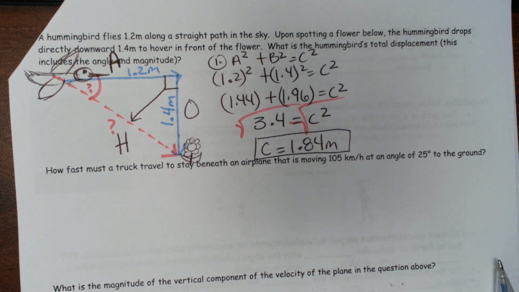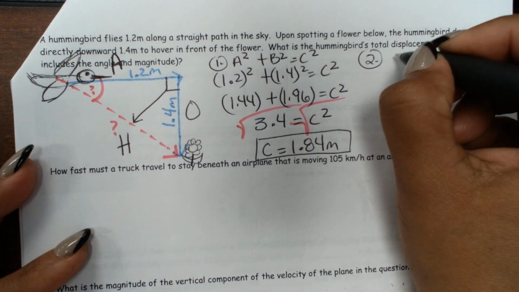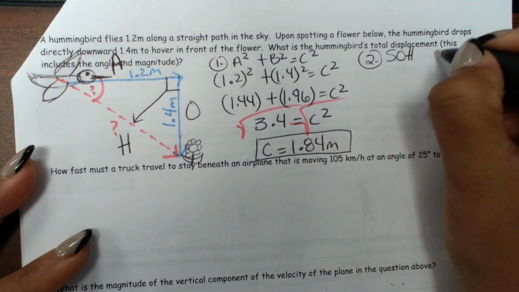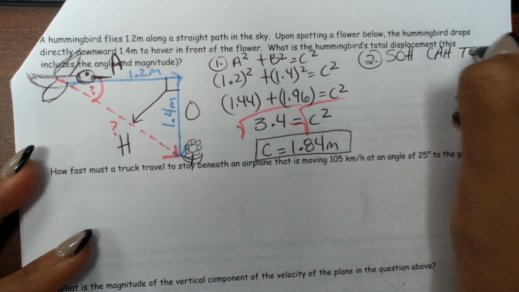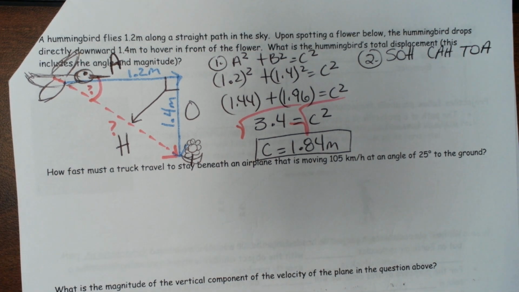I need to find the theta, which is the direction. And so for me to find the theta, I'm going to have to use SOHCAHTOA, no ifs, ands, or buts about it. So part 2 is SOHCAHTOA. I'm going to highlight, and I actually have all 3 legs.